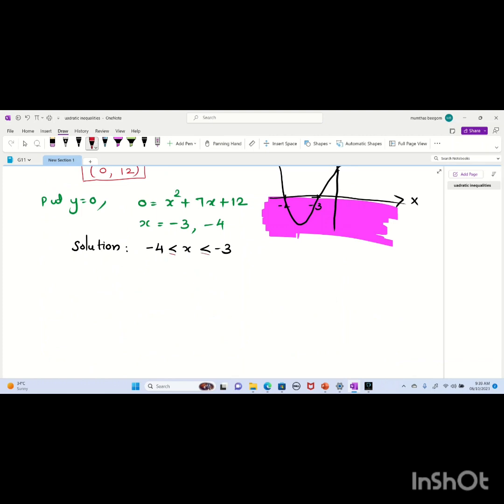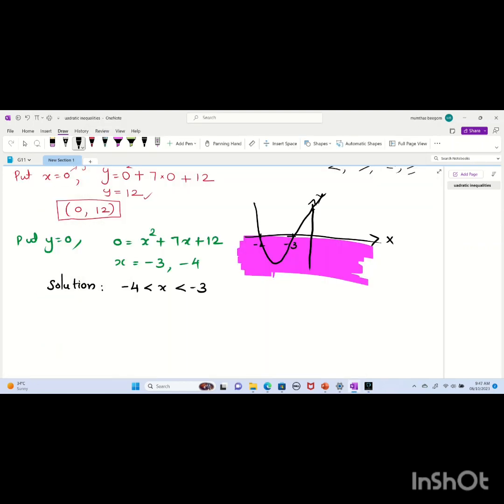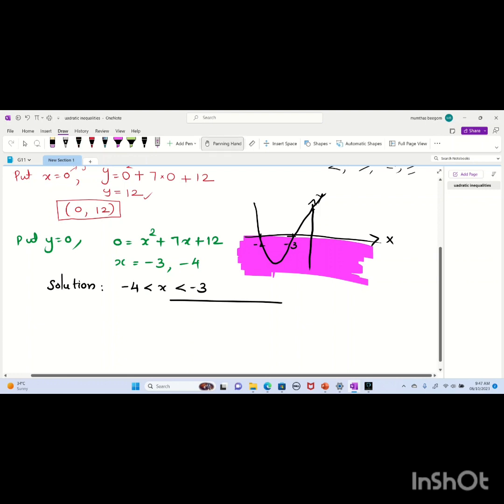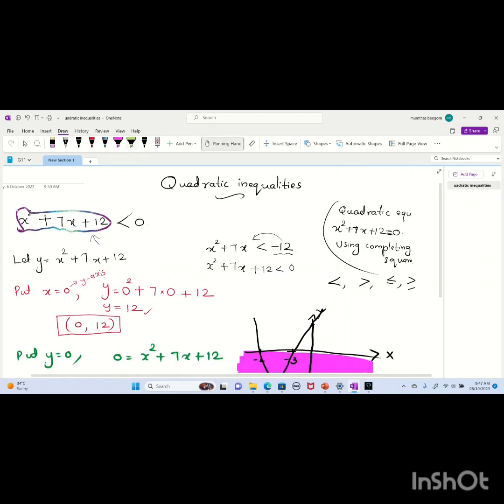But since here in the question it was not there, we have only this much in the solution: minus 4 less than x less than minus 3. Instead of less than 0 in the question, if we had greater than 0, then what will happen?